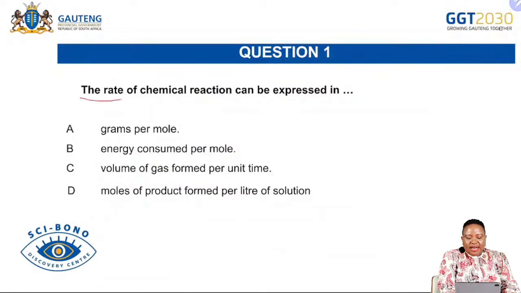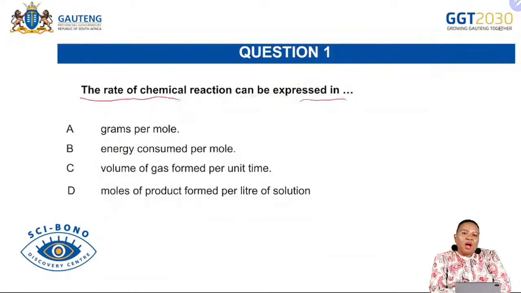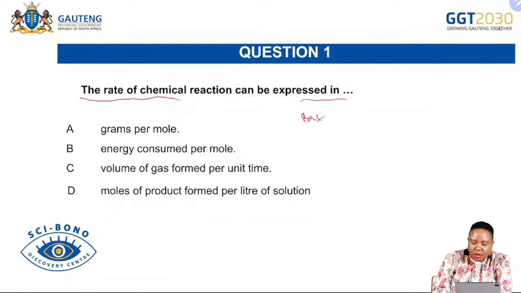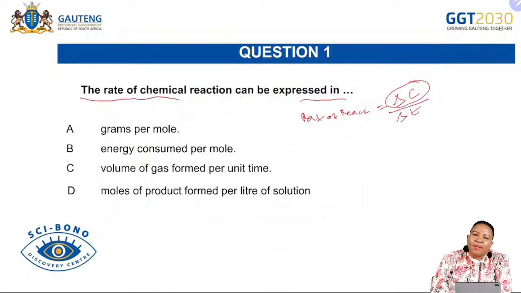Now, the rate of chemical reaction can be expressed in, remember, rate of reaction can also be calculated in terms of: the rate of reaction is equal to the change in concentration over change in time. So it can be the change in concentration of the reactants or product per unit time.